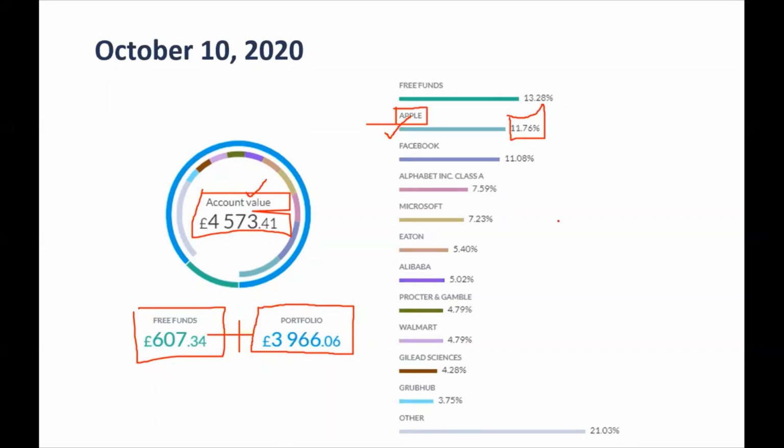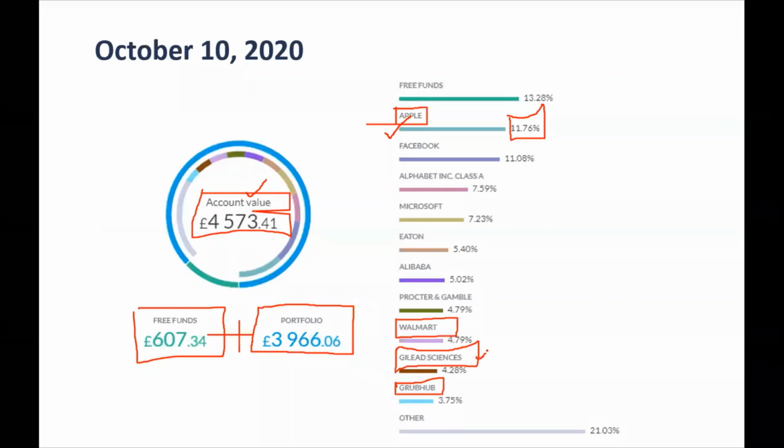Okay. So let me highlight some instruments to you. You see this company stock, Gilead Sciences, Walmart, then GroupHub. You see these new items, which were not in this portfolio. Yes, sir. Okay.